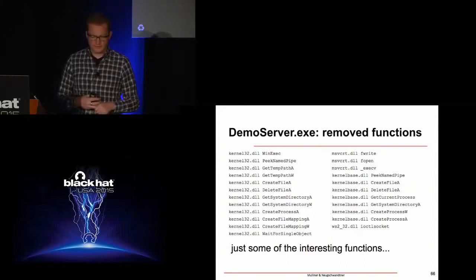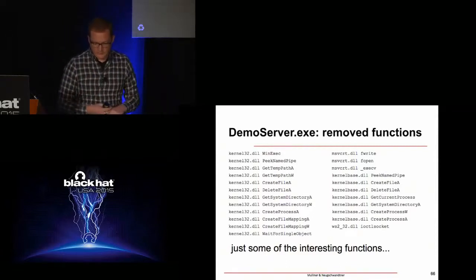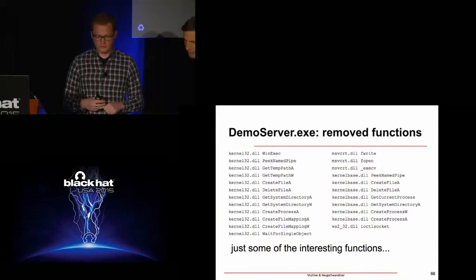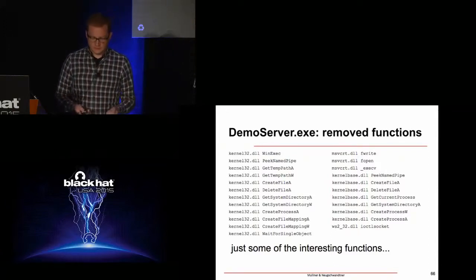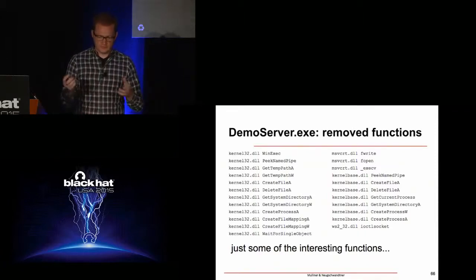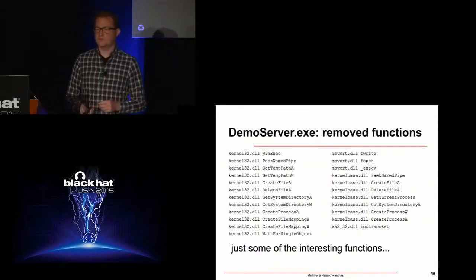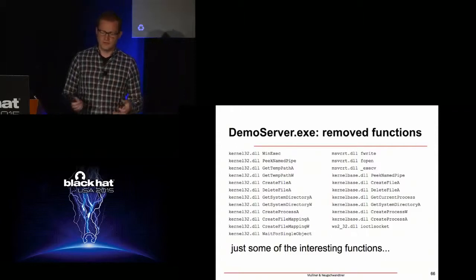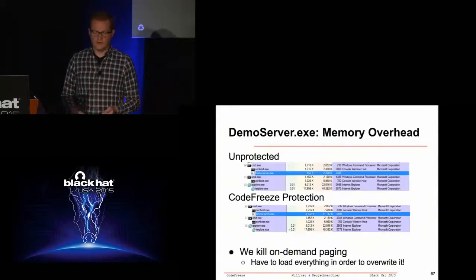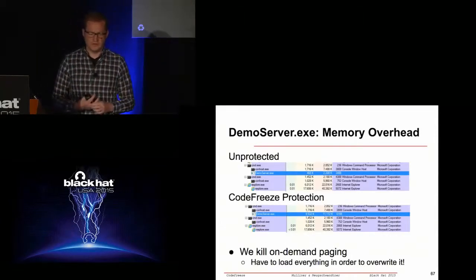What you see on top is winexec and other process creation functionality. For example, our web server doesn't write a log file, so obviously something like create file is not there anymore.